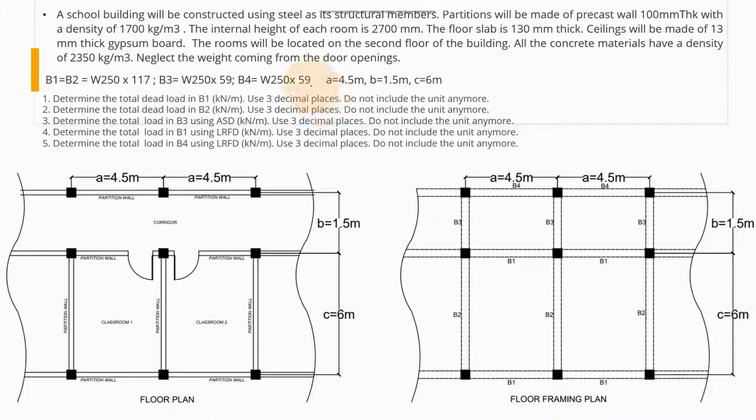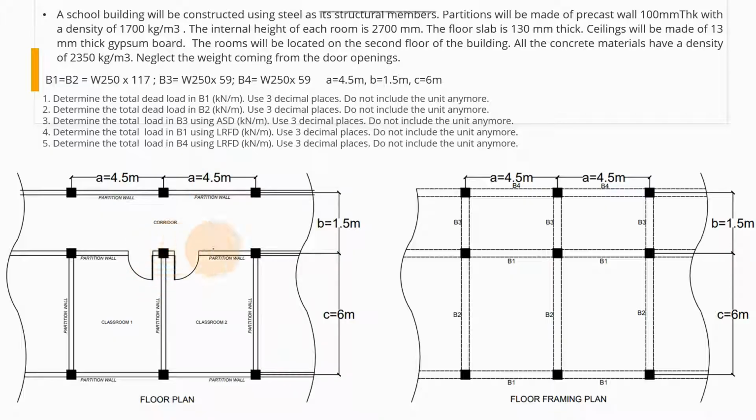So, it says here, neglect the weight coming from the door openings. If you look at this partition wall, supposedly we would remove the area where our door opening is located. But we will neglect that.